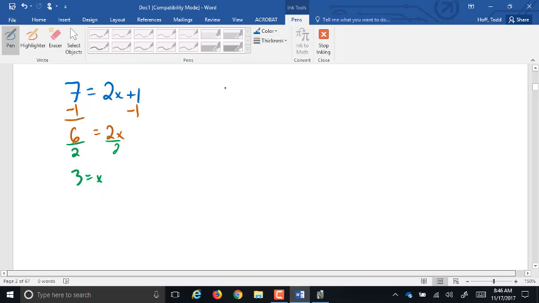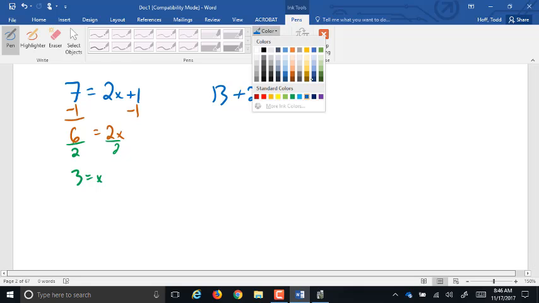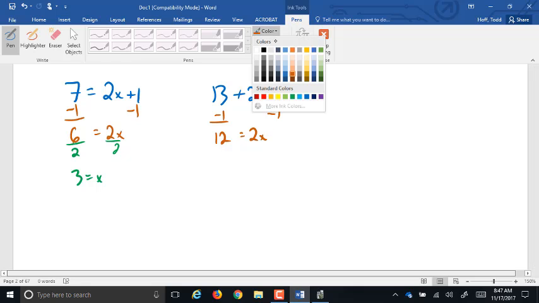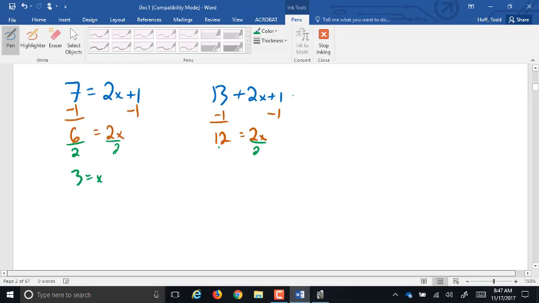But there's a very similar equation to this. Looks like that. How do we solve it? Subtract 1. Then divide by 2. 6 equals x. But you notice it took the exact same 2 steps to solve that, didn't it?